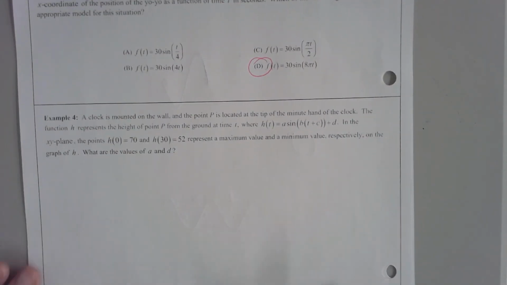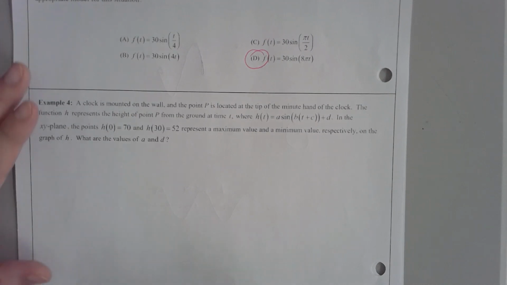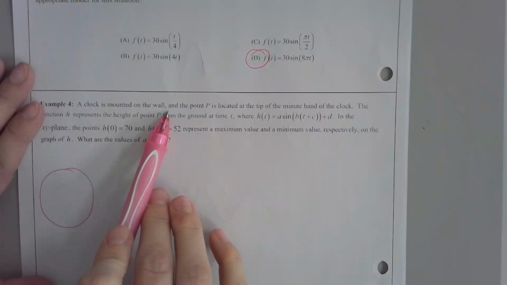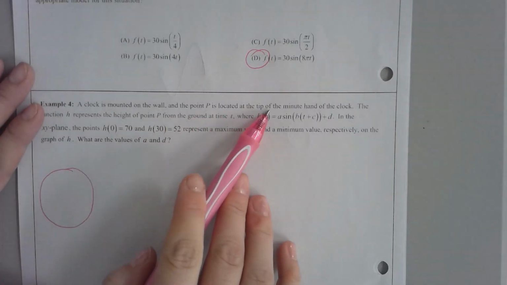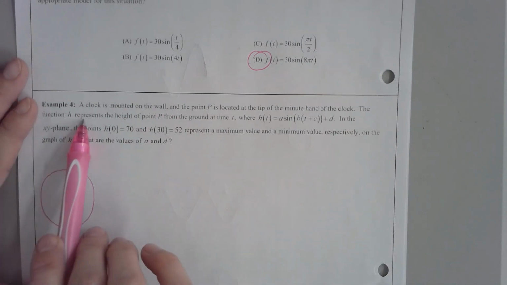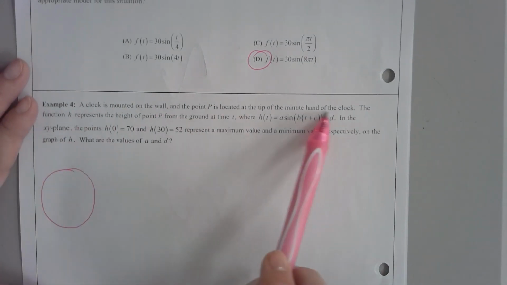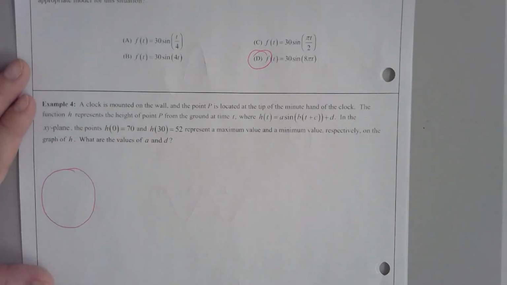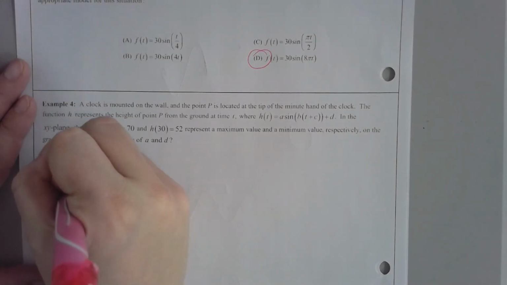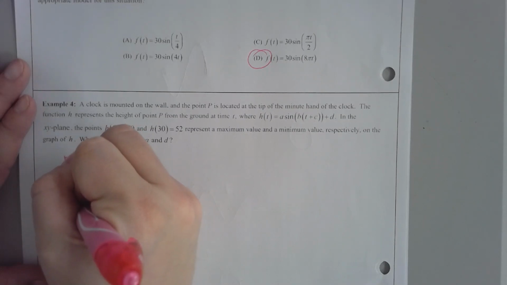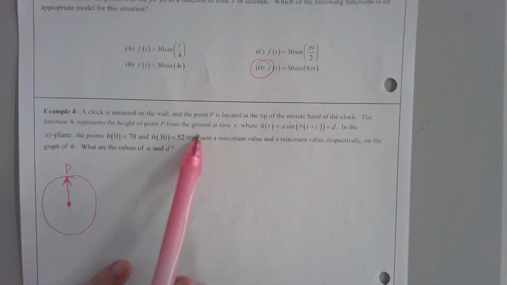All right, a clock is mounted on the wall, and the point P is located at the tip of the minute hand of the clock. The function h represents the height of point P, so this could be possibly, I haven't read enough to know for sure if it's pointing up, and I can redraw it if needed.